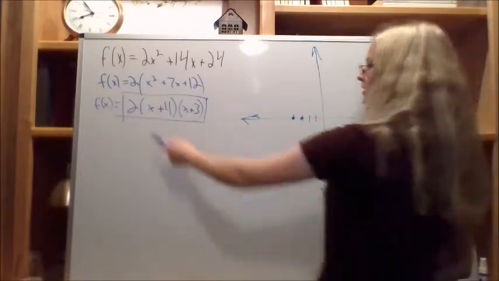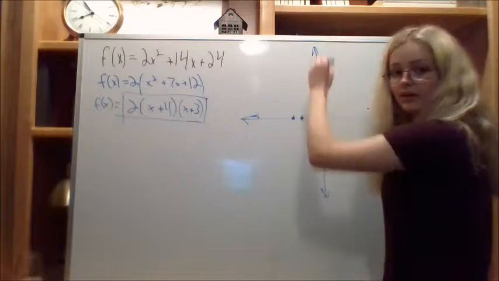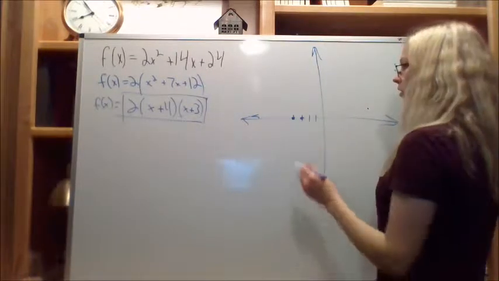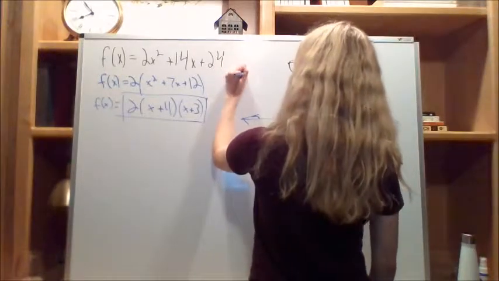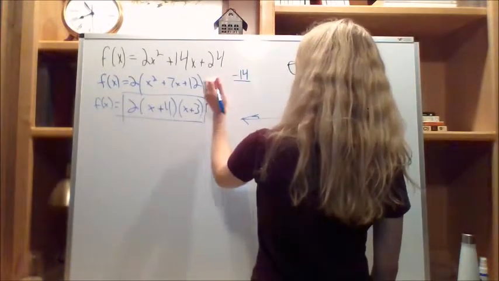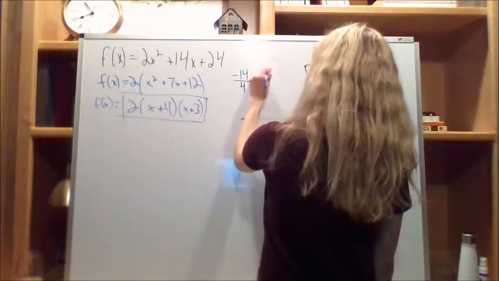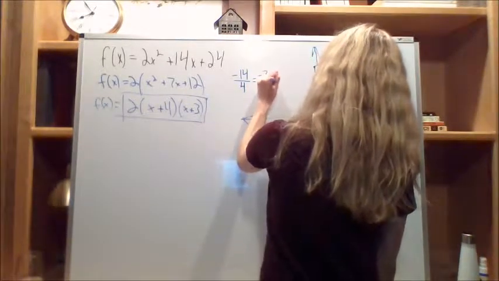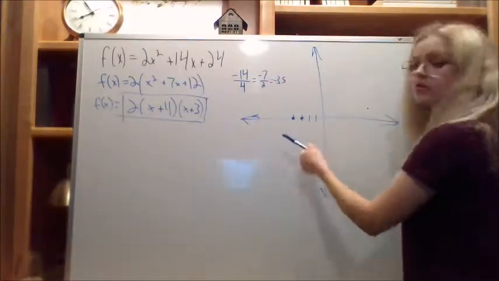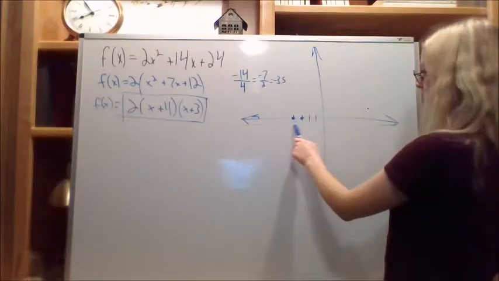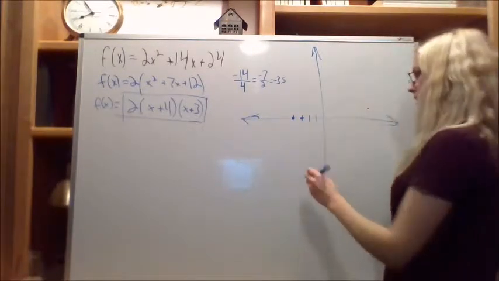And since a is positive, it goes up. Our vertex will be at -b over 2a, which is -7 over 2, about -3.5. But we can also see this because we just take the average of the two x-intercepts.